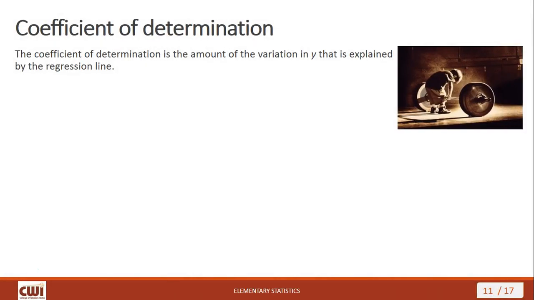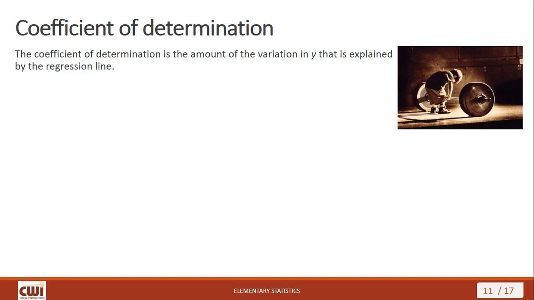The way we're going to do that is by using a quantity known as the coefficient of determination. We've learned earlier that the coefficient of determination is the amount of variation in y explained by the regression line. So when you think about this definition, what's really being communicated here is this amount of the variation in y is like a portion, meaning it's a portion of the whole, which makes it a proportion or a fraction.